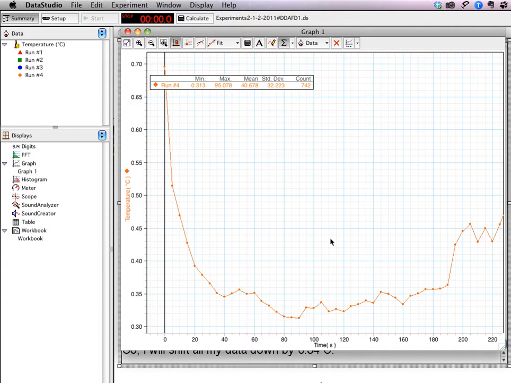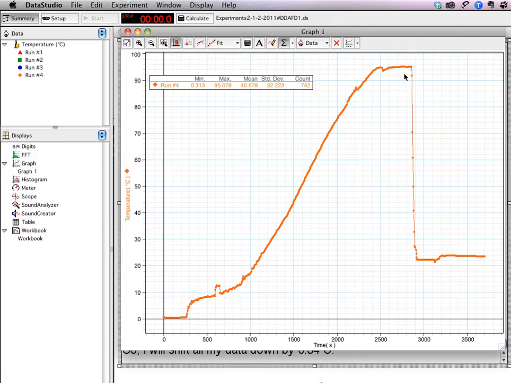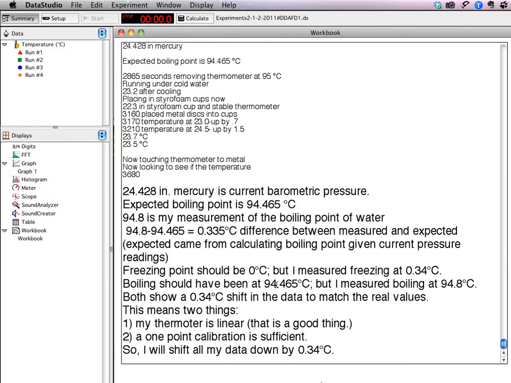And so the idea is that we want to try to justify this data by shifting all the data down 0.34. Now it's really kind of nice because the boiling point also happened 0.34 above where we expected. We expected it a little bit above because the barometric pressure and a calculation told us that it should be boiling at this point, and well, let's look at the numbers.